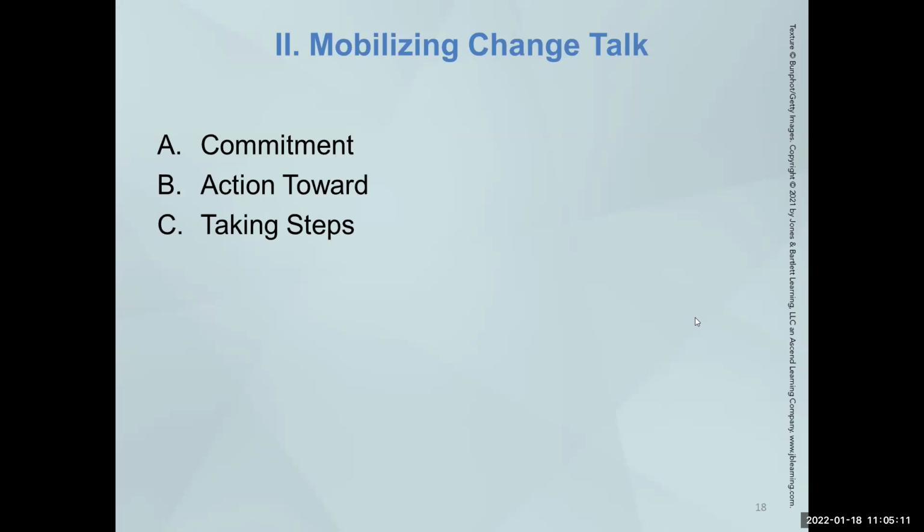Mobilizing change talk. We have commitment, action toward, and taking steps. So that's the acronym CAT, okay? Commitment, action, taking steps. CAT, mobilizing change talk. So commitment. We need to be able to gauge the patient's commitment to change in our conversation because we need to actively listen to them, right?